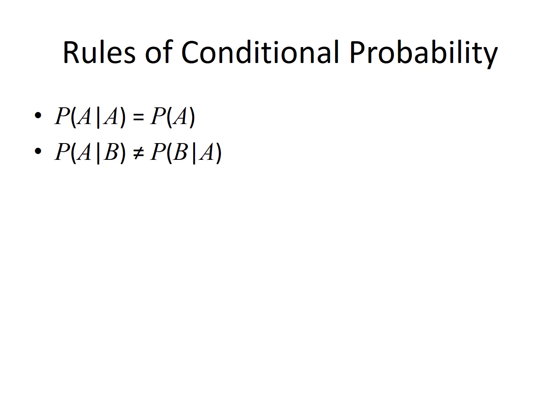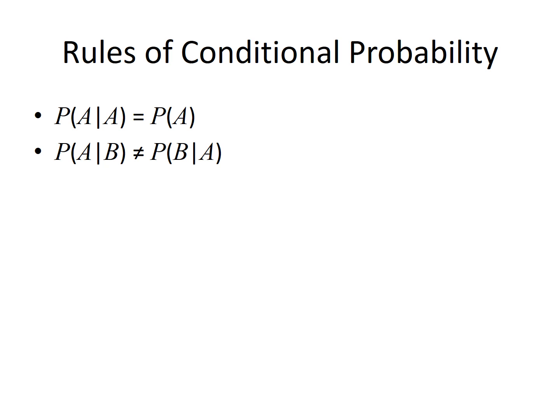The probability of event A occurring, given that B has already occurred, is not equal to the probability of event B occurring, given that A has already occurred. So you cannot interchange the order of the sets when it comes to whether one occurs first or second.